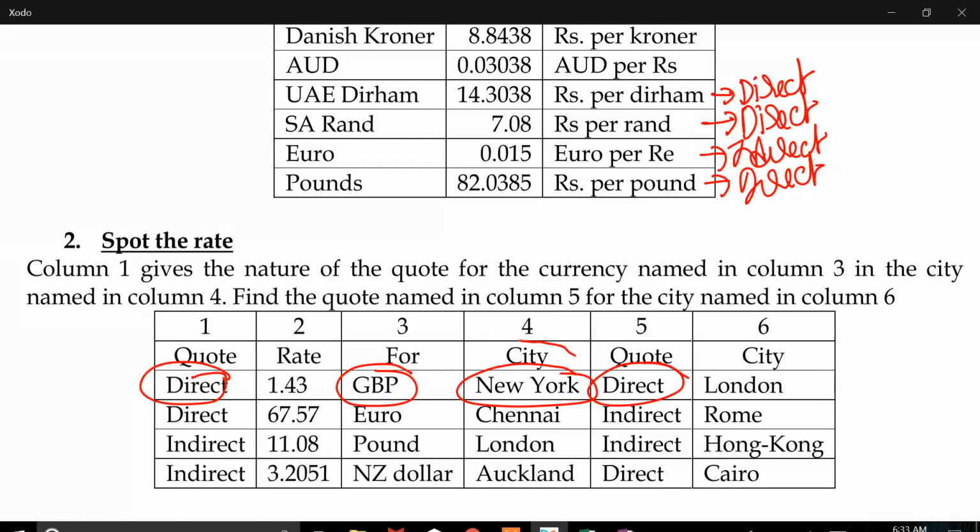So now write: the given quote is a direct quote for Euro in Chennai. The two currencies involved are Euro and INR.